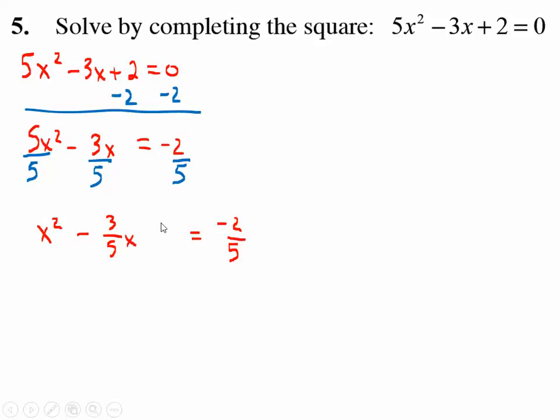So here's the question. The question is, what am I adding here to form a perfect square trinomial? Gotta put your thinking caps on here. Let you guys ponder it for a little bit.